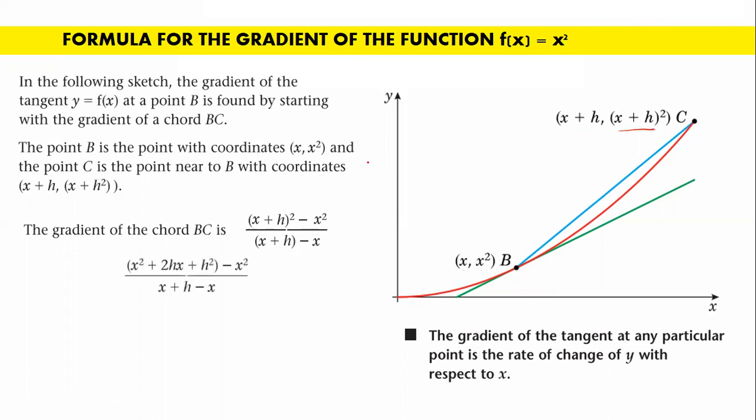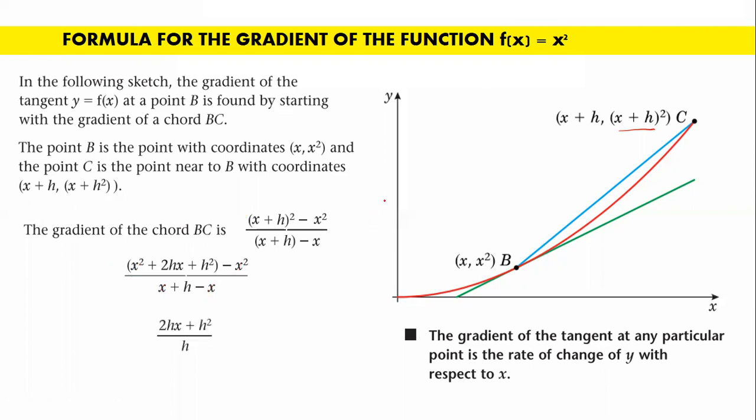Now, we can simplify this expression. When you expand the bracket (x plus h) squared, you get x squared plus 2hx plus h squared, minus x squared, over x plus h minus x. Here you should be able to understand that x squared is cancelled out with minus x squared and plus x is cancelled out with minus x.